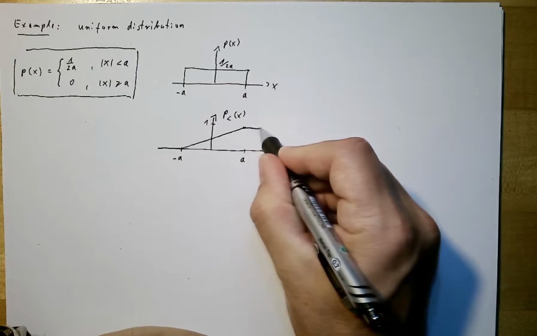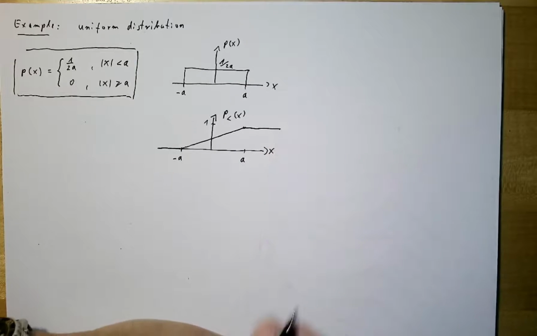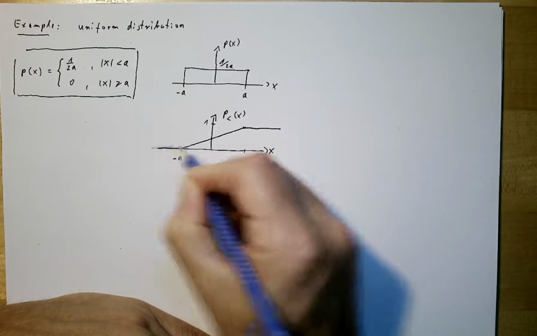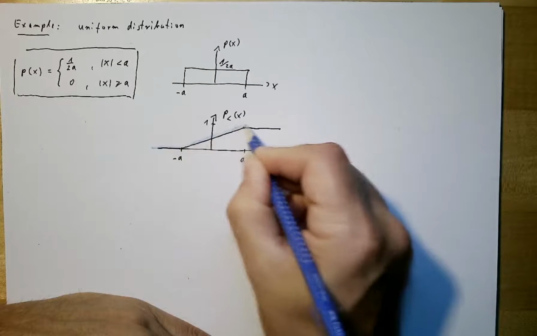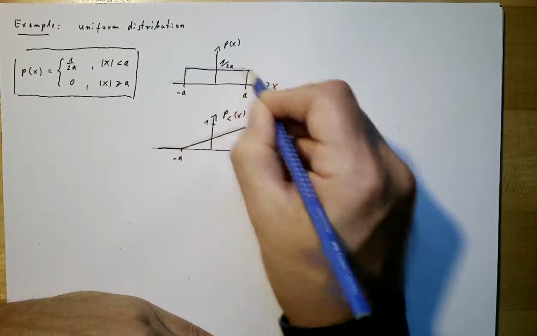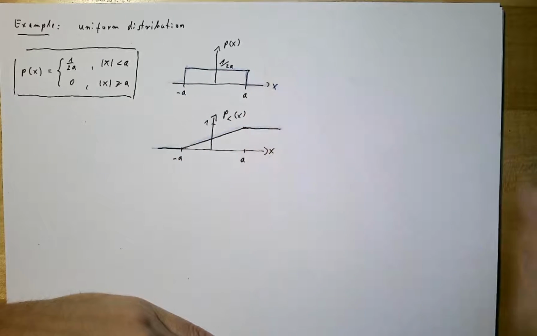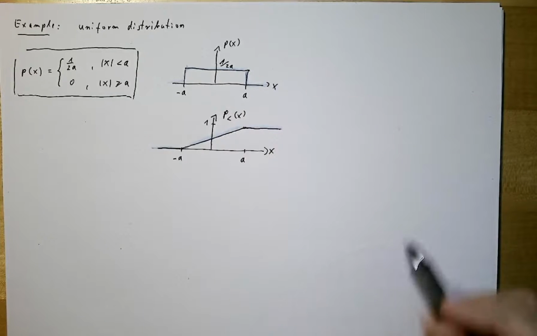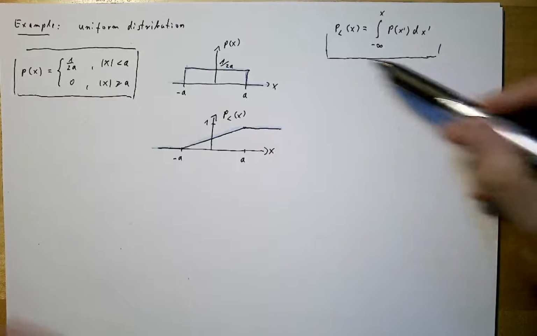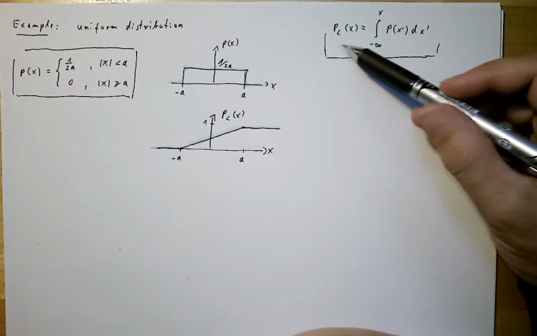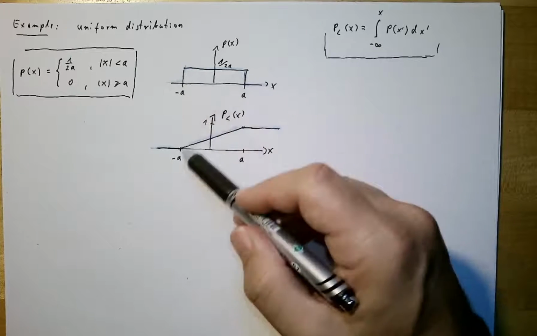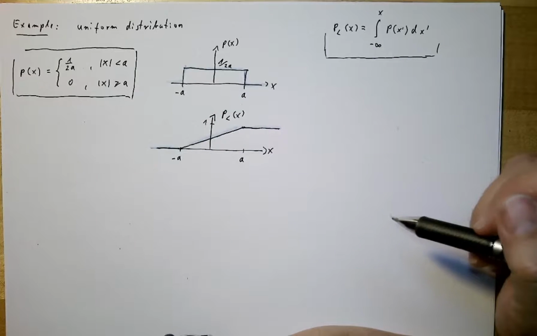And after this, it's again constant. So that would be the CDF, and this would be the PDF. Now you can see, maybe I write this here again. That was the definition of the cumulative density function, and if you just integrate this rectangle, then we come to this function.